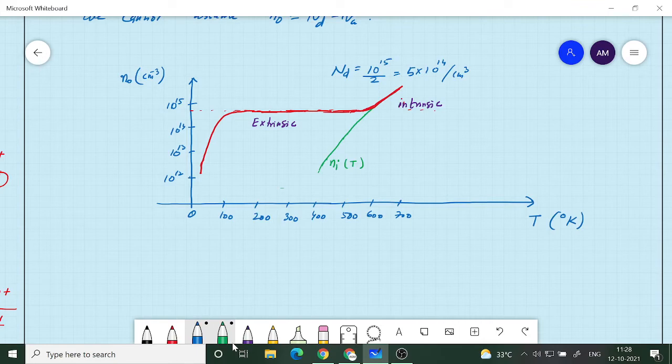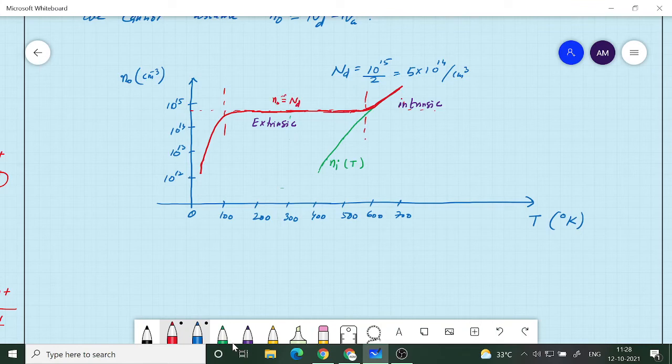But there is a long range of temperature where room temperature also comes in. The N0, the concentration in the conduction band, is determined by the doping concentration. It is basically equal to Nd. So in the middle region, N0 is equal to Nd.